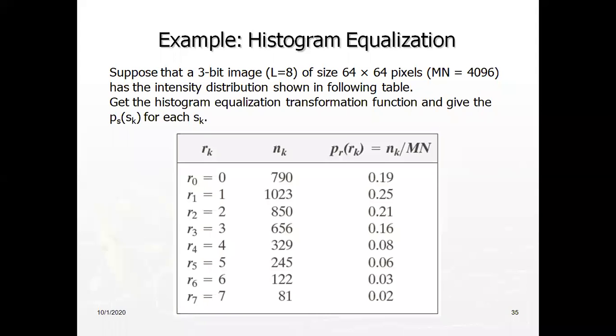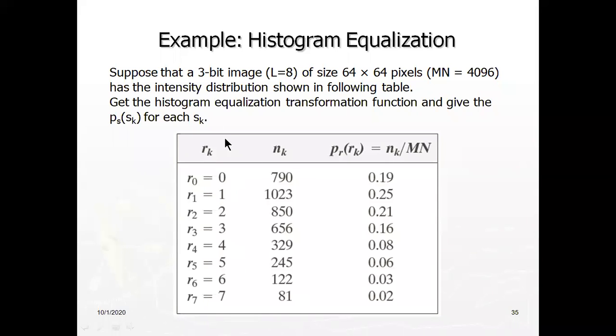It has the intensity distribution shown in the following table. Get the histogram equalization transformation function and give the p_s(s_k) for each s_k.